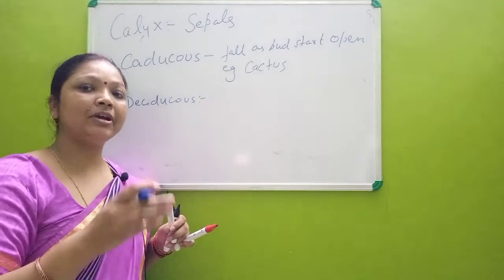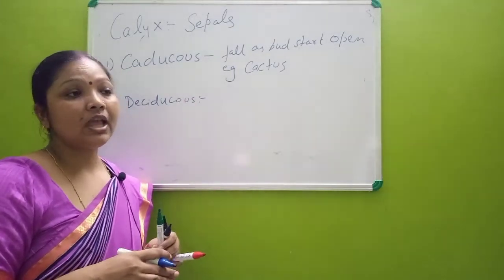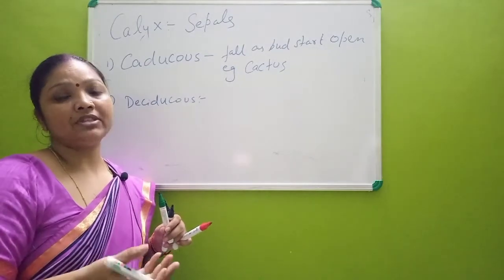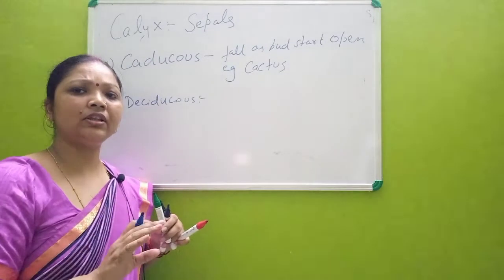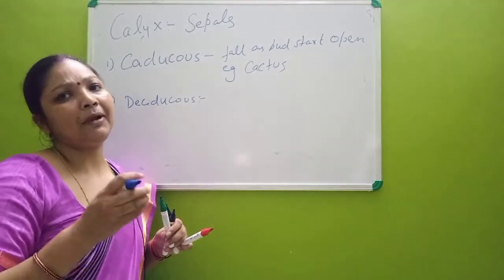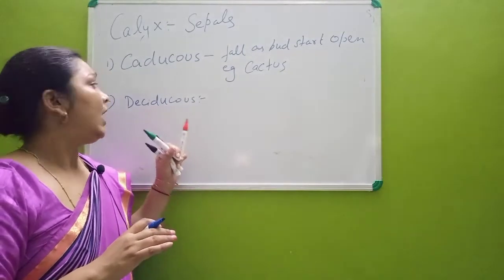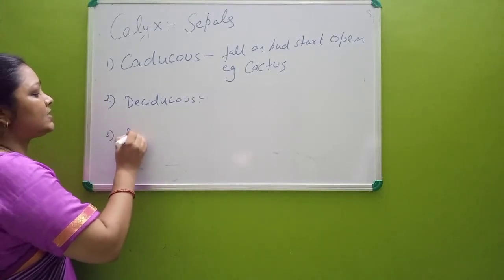So it takes a much longer time to fall in comparison to caducous, and this is a very common type of sepal present in generally all flowers, like China rose, where after fertilization the petals fall and then the sepals fall.